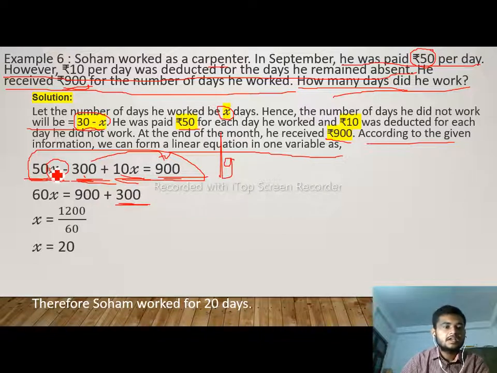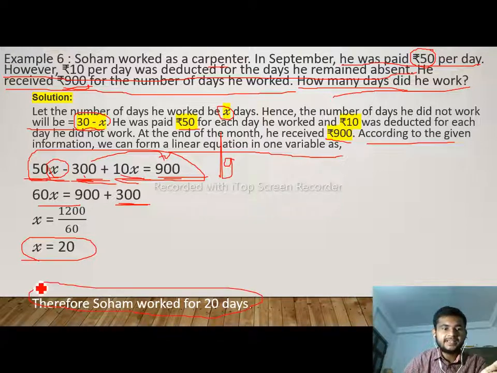So 50x plus 10x becomes 60x, which is equal to 900 plus 300, nothing but 1200. As x is multiplying with 60, when you shift this 60 to the right hand side, it comes to the denominator. 1200 by 60, we get x as 20. So therefore Soham worked for 20 days.